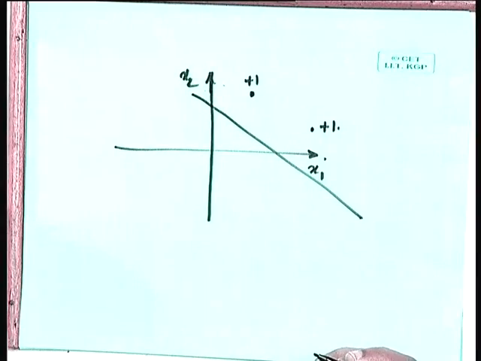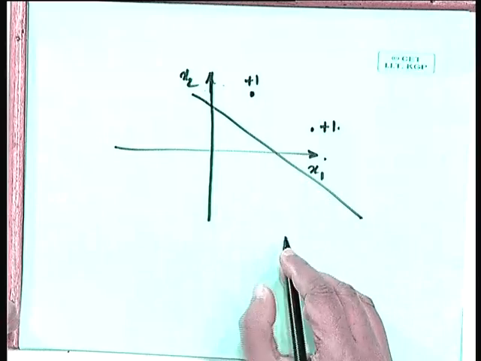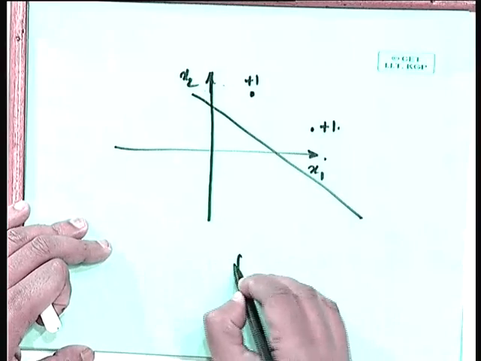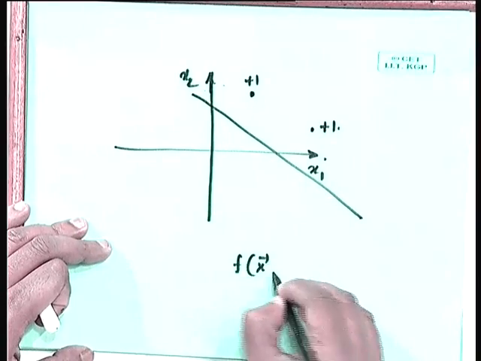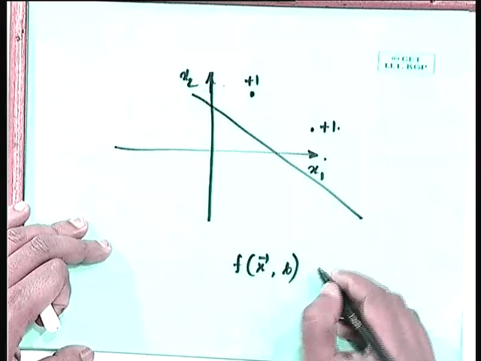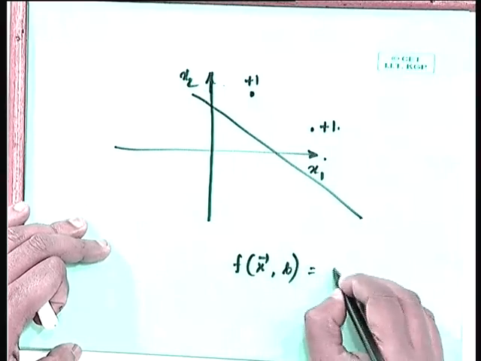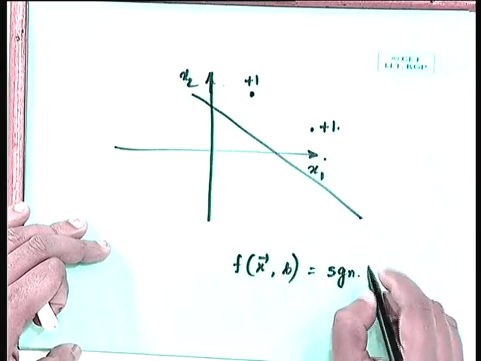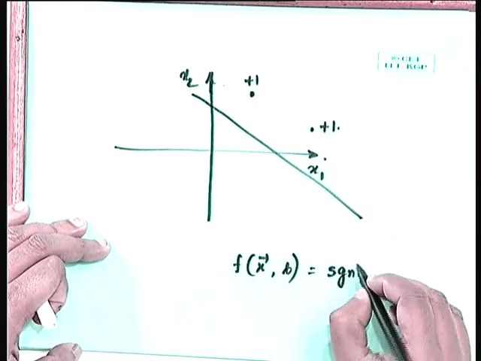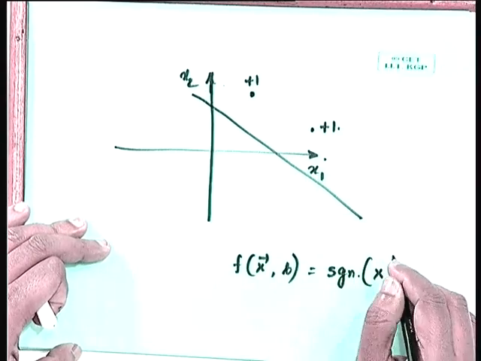This line's equation will actually be of the form f of x, w, b. Here we have to introduce a bias to this straight line.